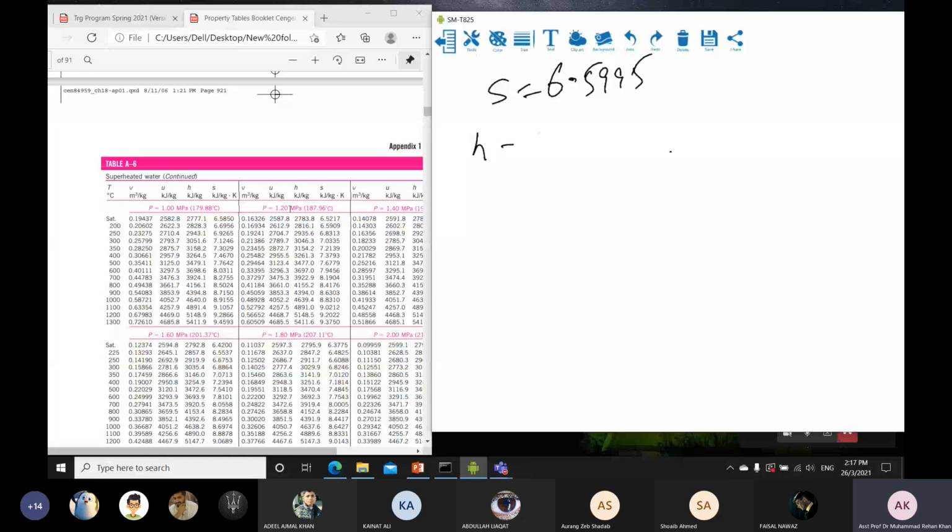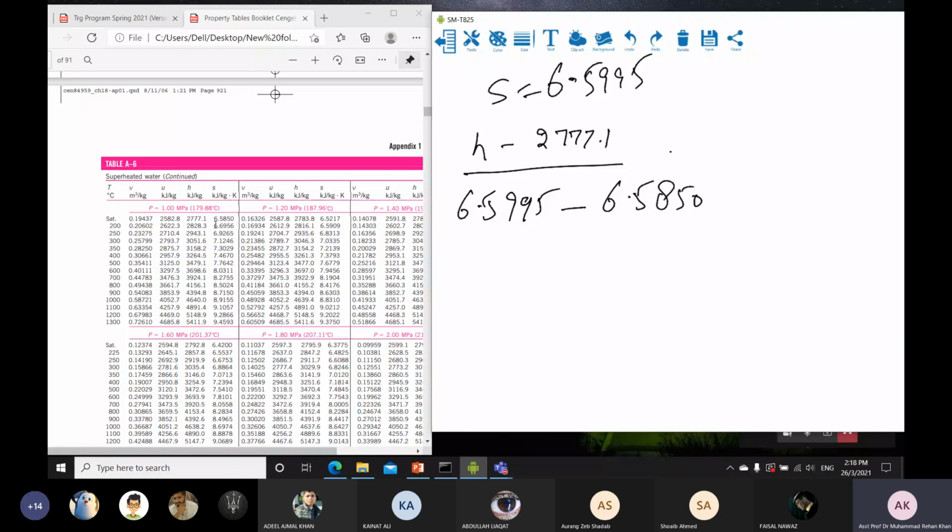So the initial value is 2777.1. For how to do the interpolation, you can go to the previous lecture and easily find it. H minus 2777.1 over 6.5995, which is from state number 3. State number 3 and state number 4 entropy is constant. Minus 6.5850, which is from your initial point.